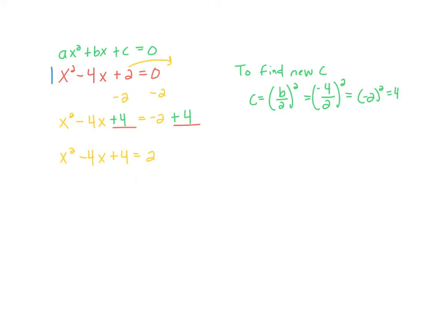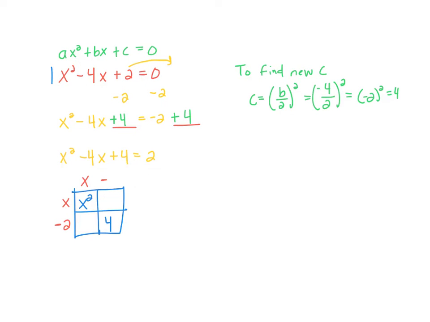Now I can factor this left-hand side. So if we draw our box here, x squared up here, 4 down here, we know x and x gives me x squared. It's a positive 4 in the bottom right-hand corner, so my signs have to be the same, but it's a negative 4x in the middle, so these both need to be negative.